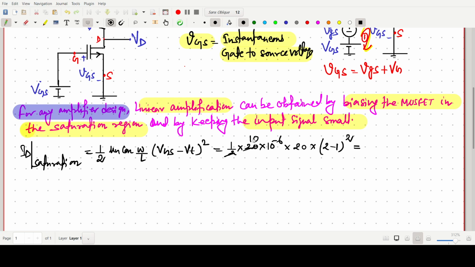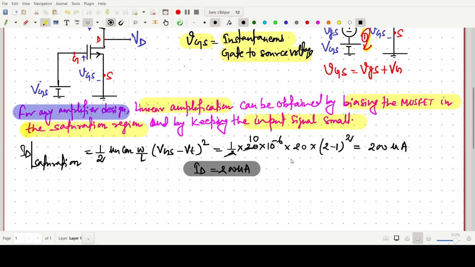Clear? And 1 by 2 into 20 into 20 into 1 square means 200 microampere. So the ID will be simply 200 microampere.